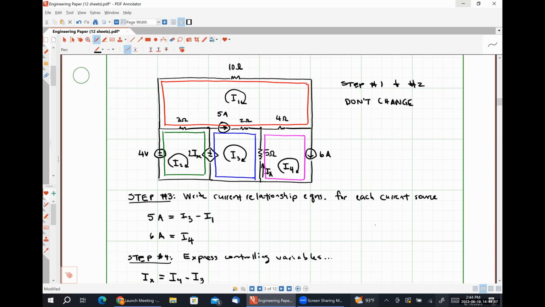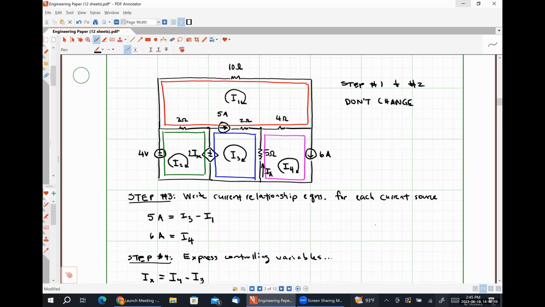Okay. So when we were doing nodal analysis, anytime we had a voltage source, a super mesh was formed between the 2 nodes that the voltage source was touching. Okay. For super meshes, there's a little bit more nuance here.